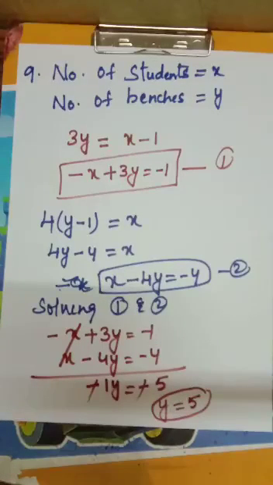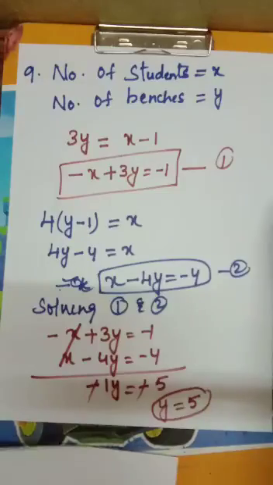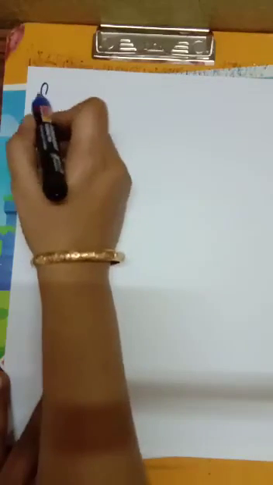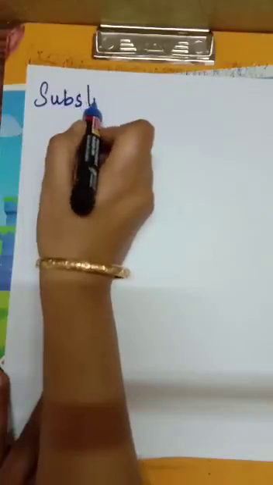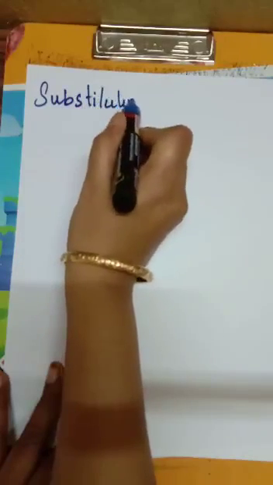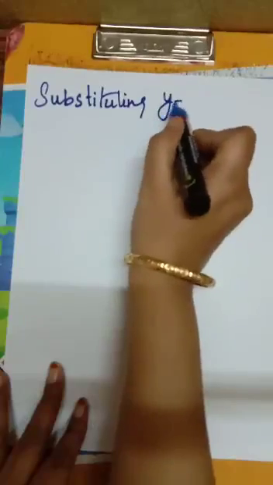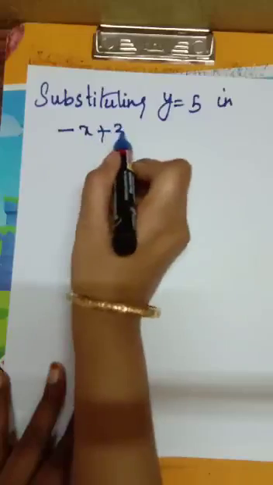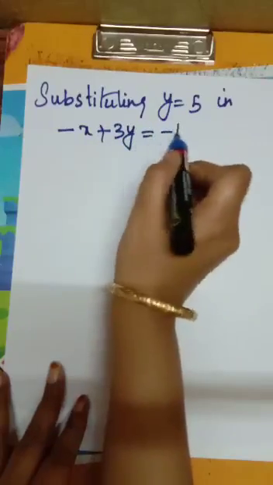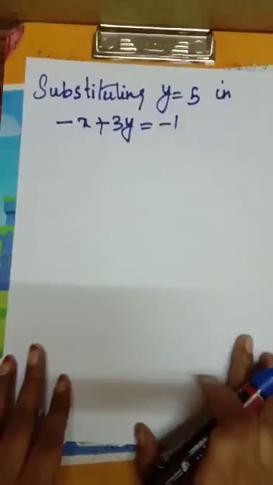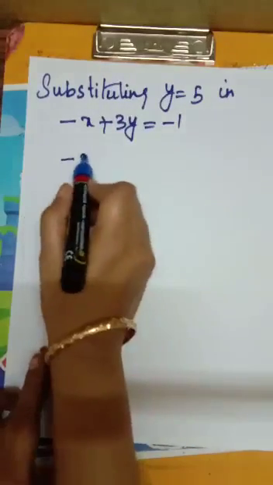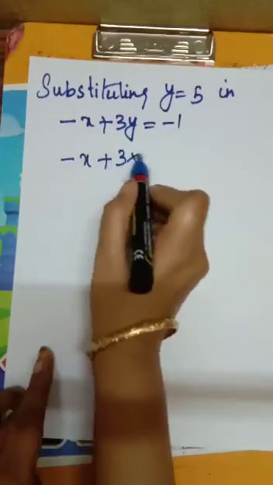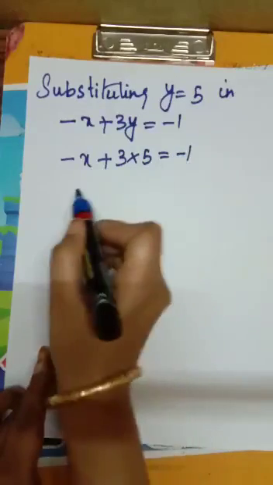Now we have to find the value of x. x की वैल्यू कैसा फाइंड कर रहे हैं, substituting the value of y, y is equals to 5 in any equation. आपकी मर्जी, आप जिसमें चाहे उसमें डाल सकते हैं. मैं ये इक्वेशन में डाल रही हूँ, minus x plus 3y is equals to minus 1. So minus x plus 3 into 5 is equals to minus 1.